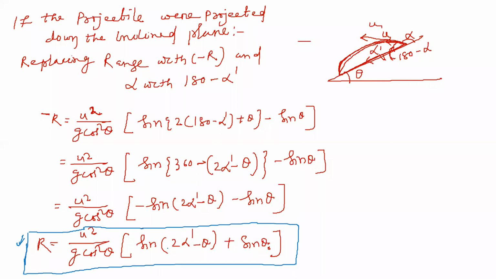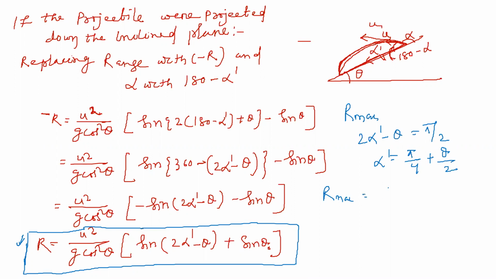Actually, for this range to be maximum, what is to be maximum? For maximum range, what should happen? Sin should be maximum. That means 2 alpha dash minus theta should be equal to pi by 2, correct? So alpha dash is going to be how much? Pi by 4 plus theta by 2, correct? So in this case, r maximum is going to be how much?